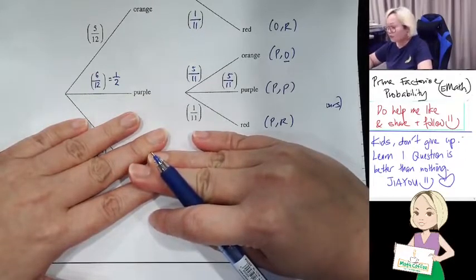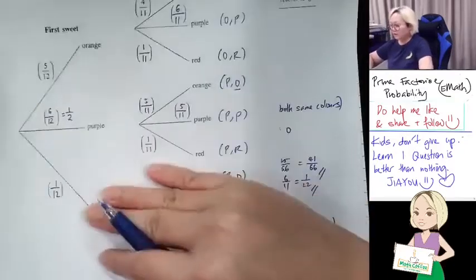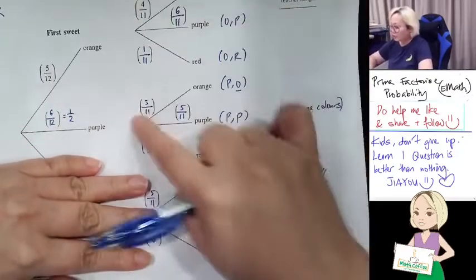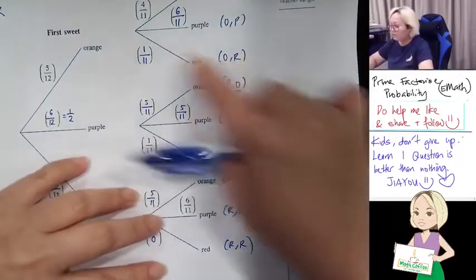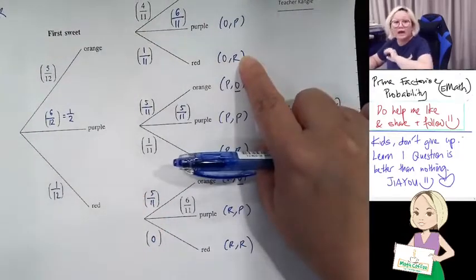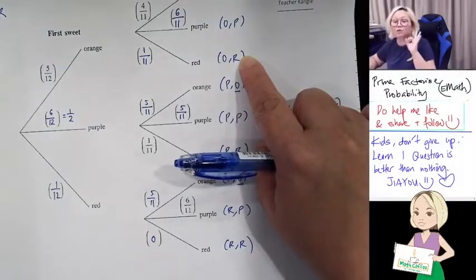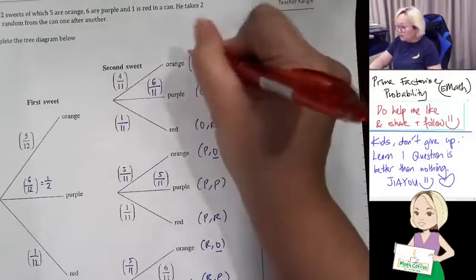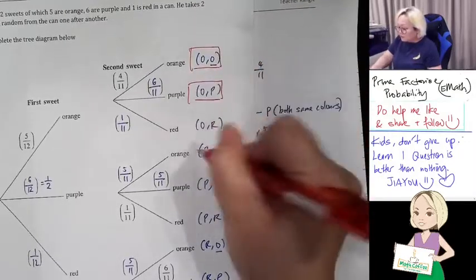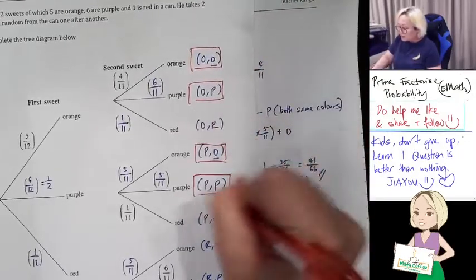Understand? Not only that, you see, my second sweet, when I take the red, because I only have one red, right? So if my second sweet I already take the red, same thing, I have no more red, and so it's impossible to get a third sweet red. Got it? So in other words, I only need to focus on these and this.